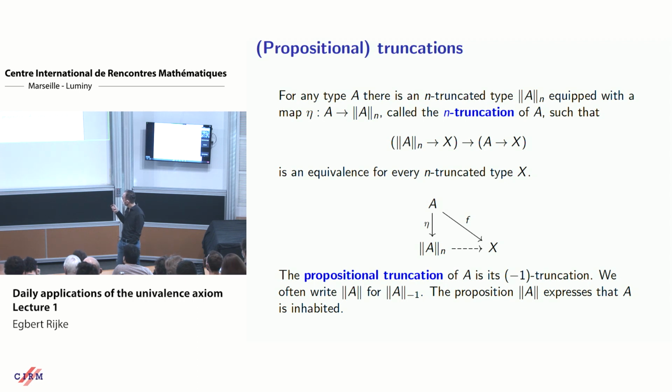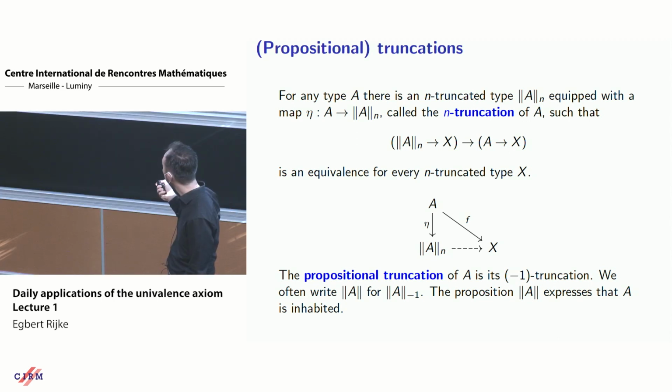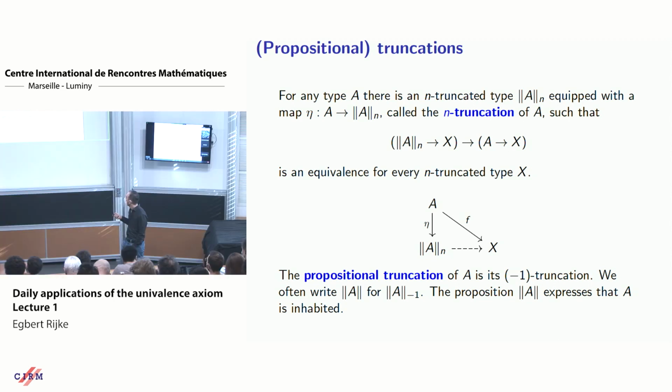What that means is that for every map f from A to X, I can find a unique map from the n-truncation of A to X such that if I precompose with eta, then I get f back. That's packaged up in this equivalence. And the X here is an n-truncated type.